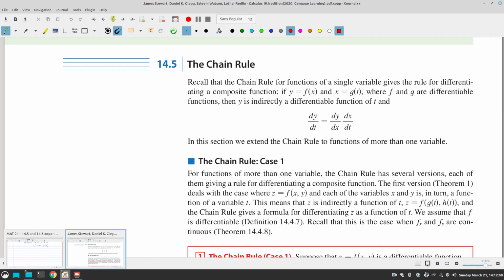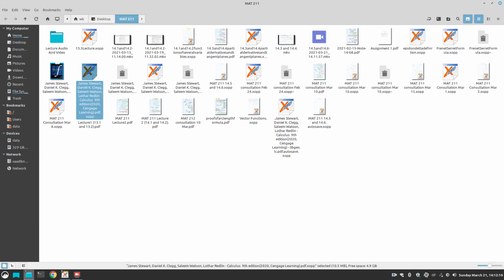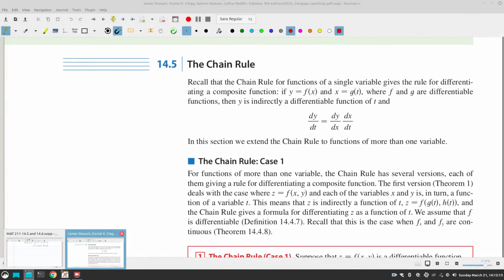Okay, so in single variable calculus, you're probably familiar with the chain rule, right?